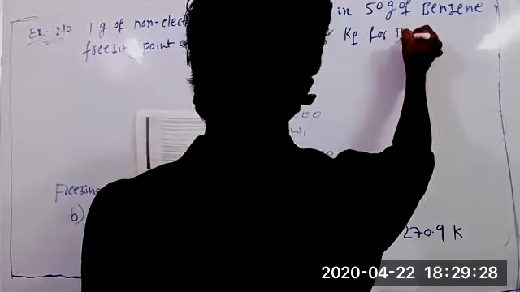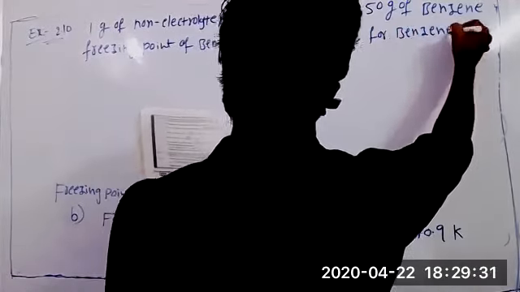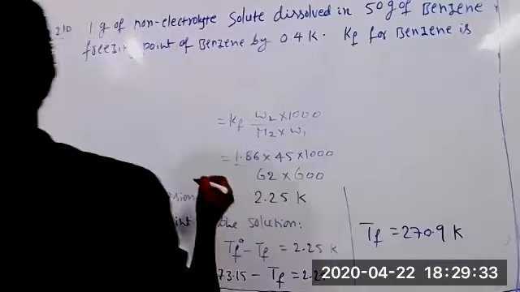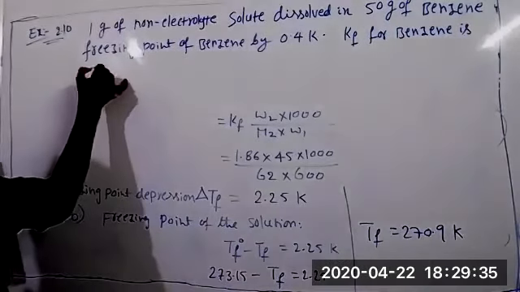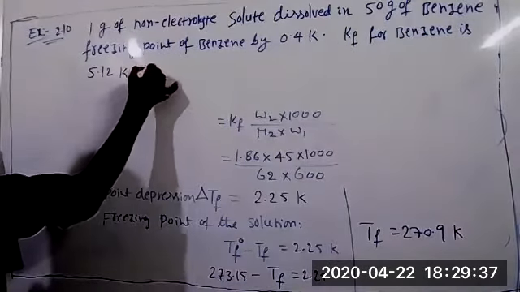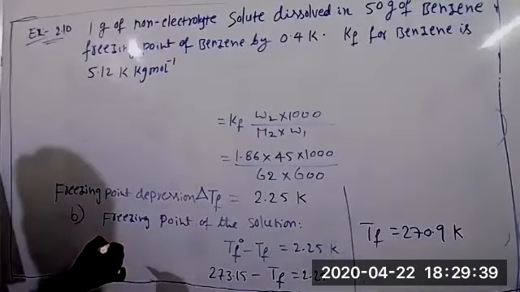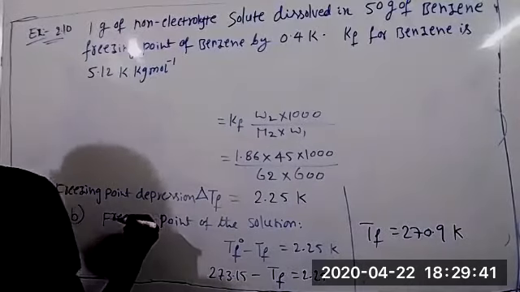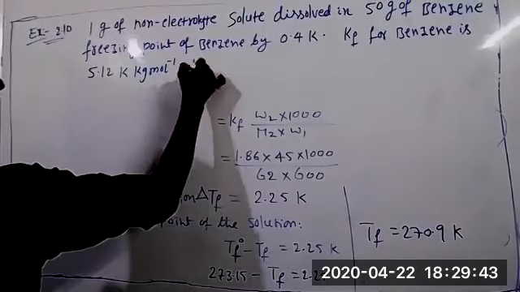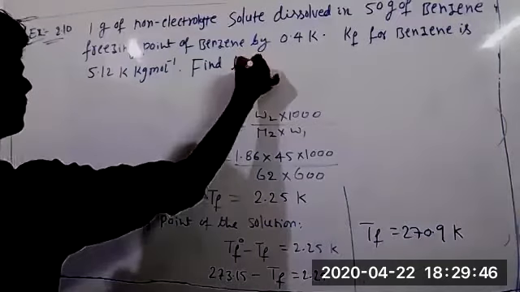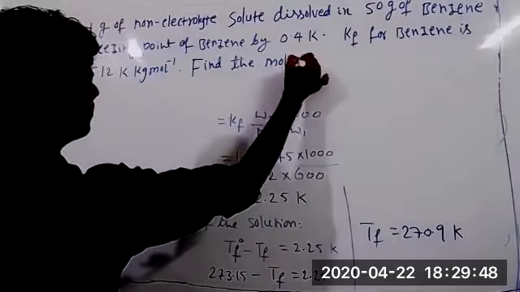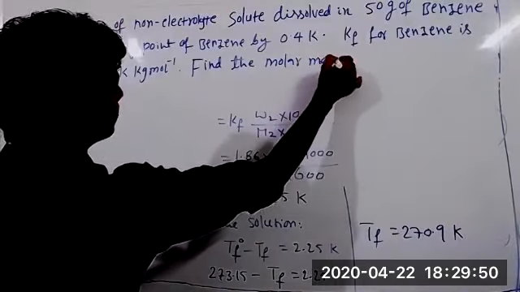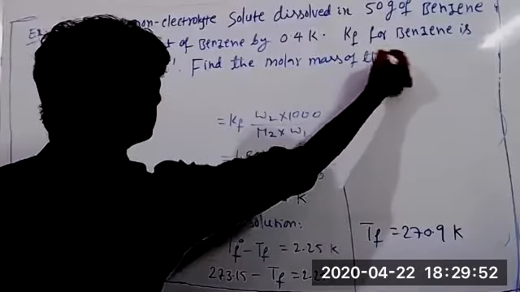Kf for benzene is 5.12 Kelvin kilogram mole inverse. Find the molar mass of the solute.